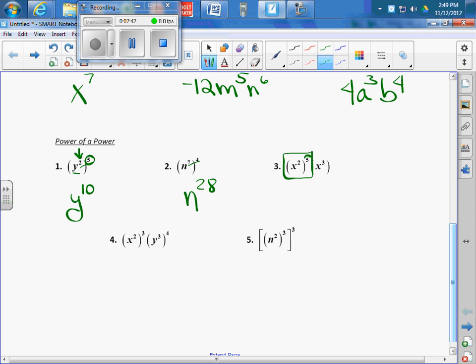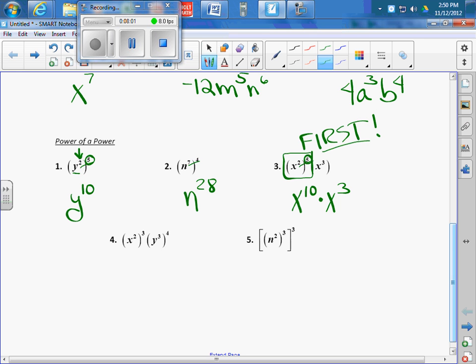Anytime you have an exponent outside the parentheses, that is going to be dealt with first. So I have 2 times 5 is 10. I'm going to have x to the 10th power. And then I'm going to bring down times x to the third.